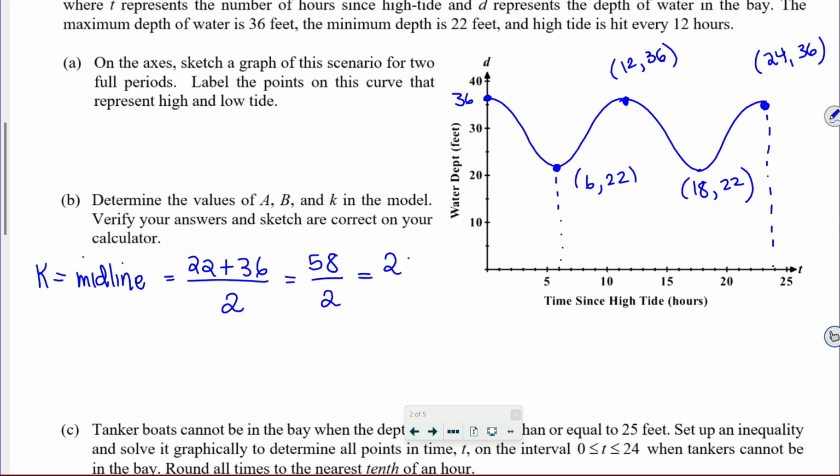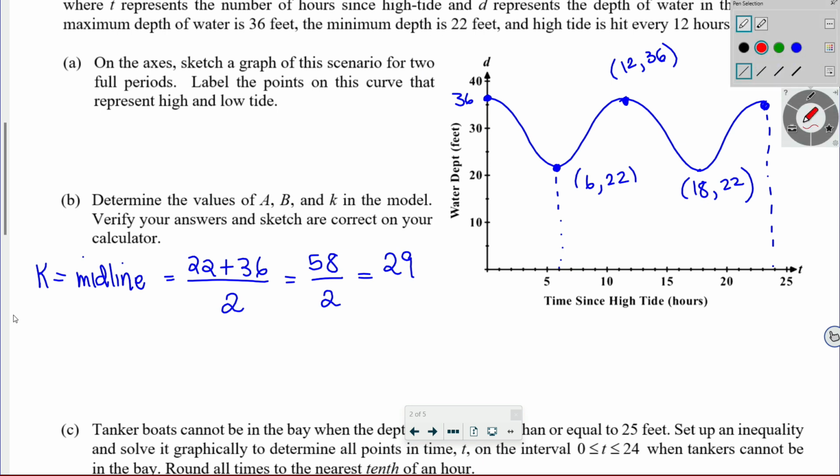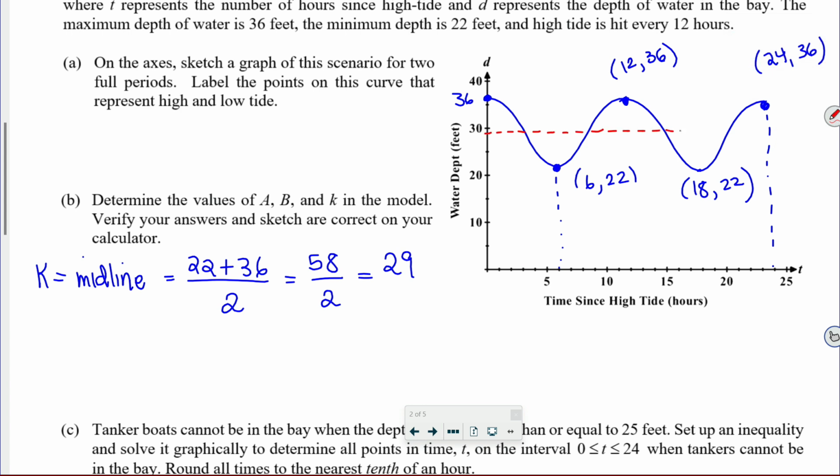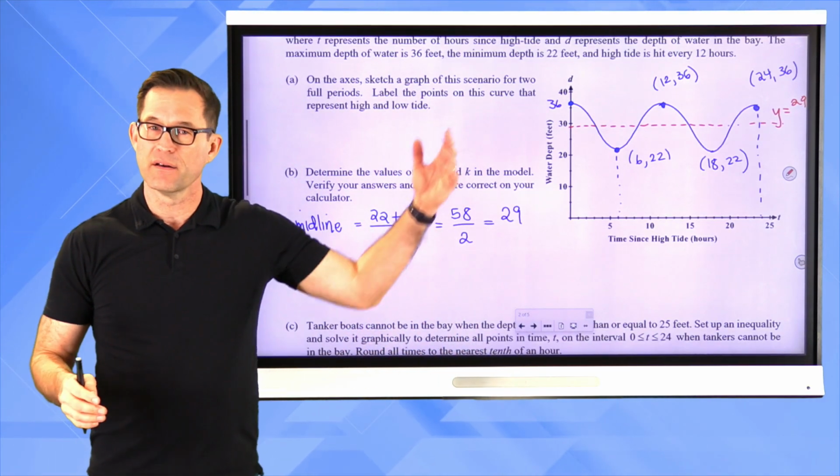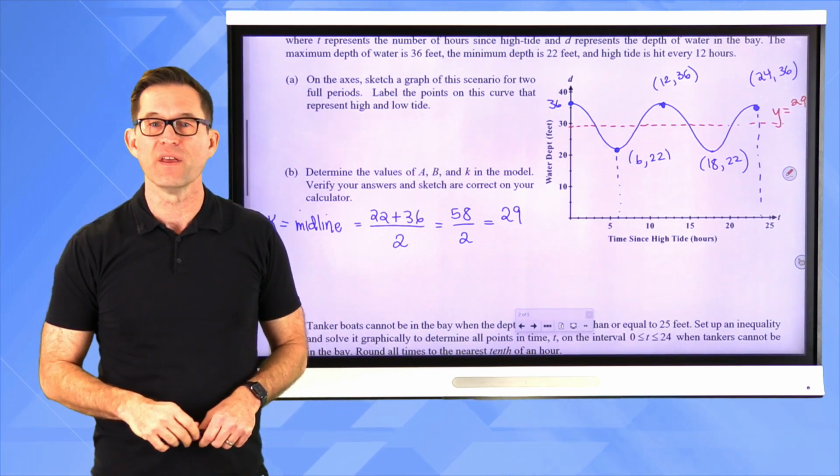That looks like we've got a midline value of 29. Yep, that's right. As always, I like to graph my midline value on there as accurately as I can. And again, this is kind of cool from a physical perspective, right? That's telling us that the average depth in this tidal area is 29 feet deep.